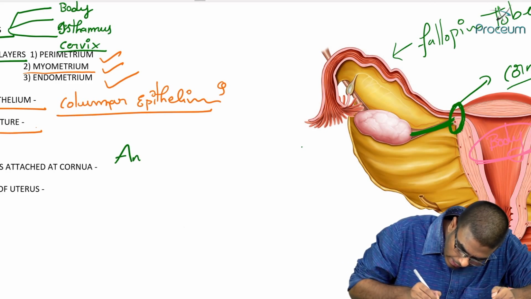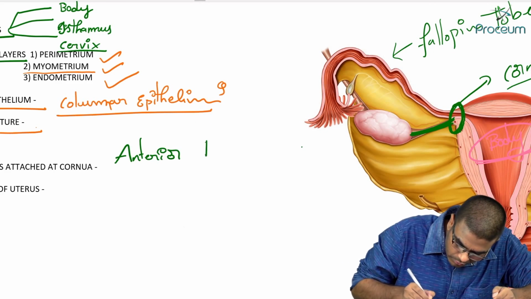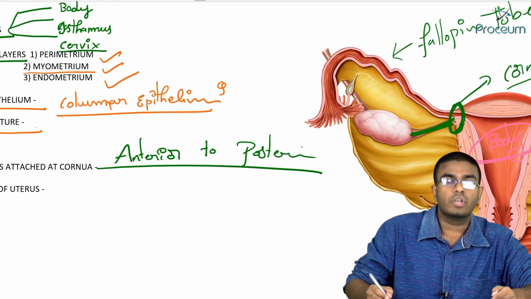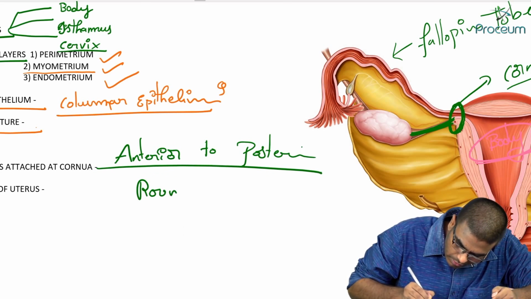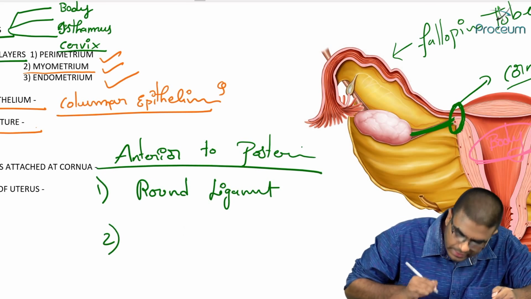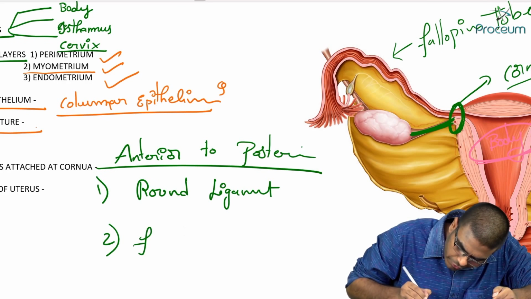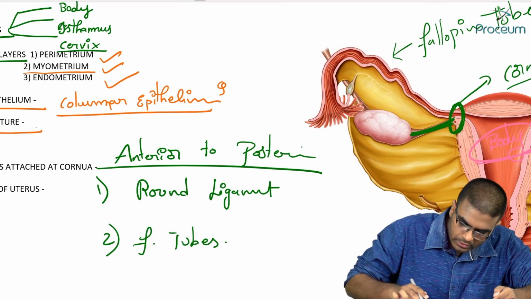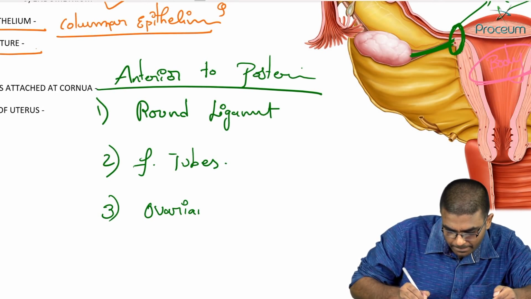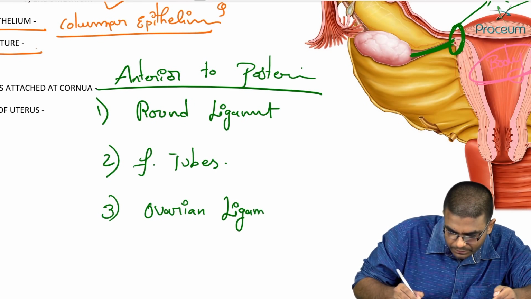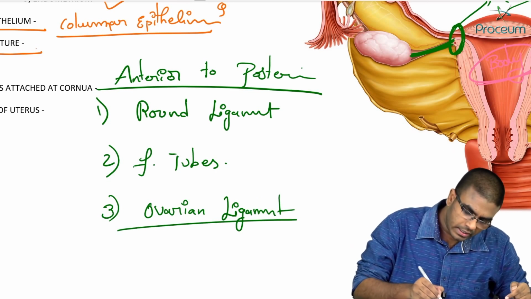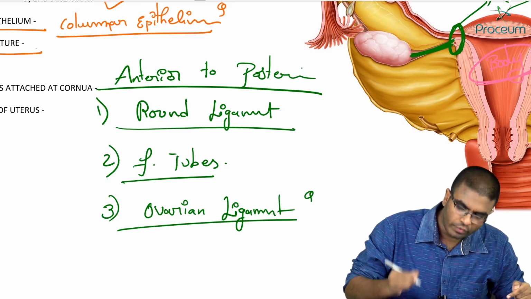Now remember, from anterior to posterior, the structures attaching to the cornua are first the round ligament, second the fallopian tubes, third the ovarian ligament. Please keep this point in mind. From anterior to posterior, it's the round ligament, fallopian tubes and ovarian ligament.